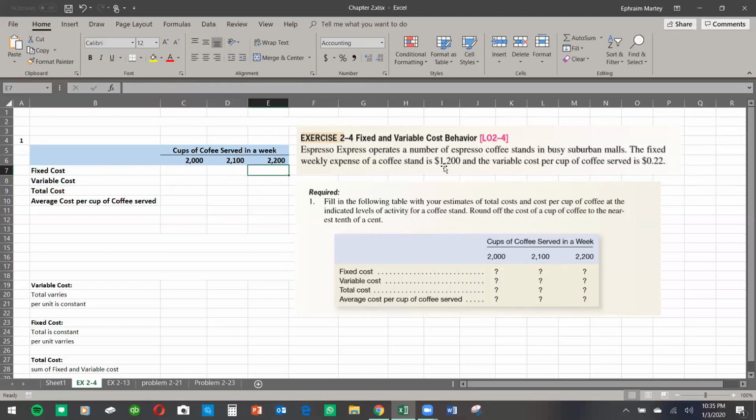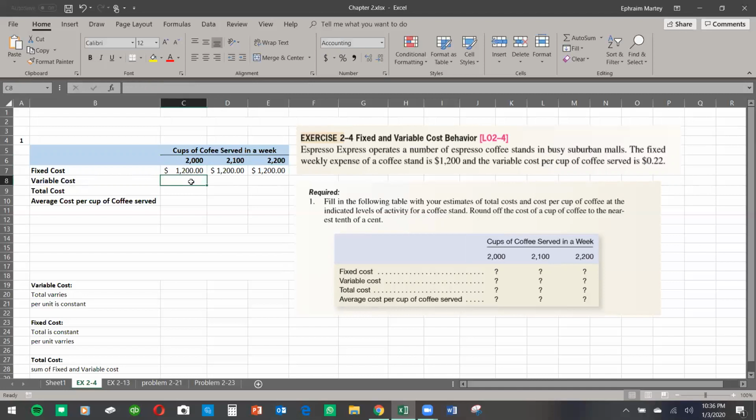We have been given that the fixed weekly expense is 1,200. The total fixed cost is constant, does not change. Regardless of the units, the total fixed cost will be the same throughout. So we have 1,200 here, 1,200 here, and 1,200 there. The total fixed cost does not change.